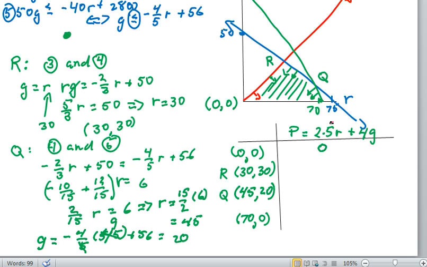Certainly 0, 0 provides no profit. 30 times 2.5 plus 4 times 30 gives us $195 for the R vertex, and 45 times 2.5 plus 20 times 4 gives $192.50. And 70 times 2.5 gives $175.